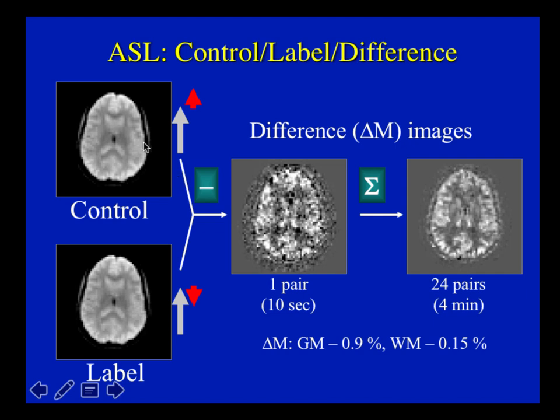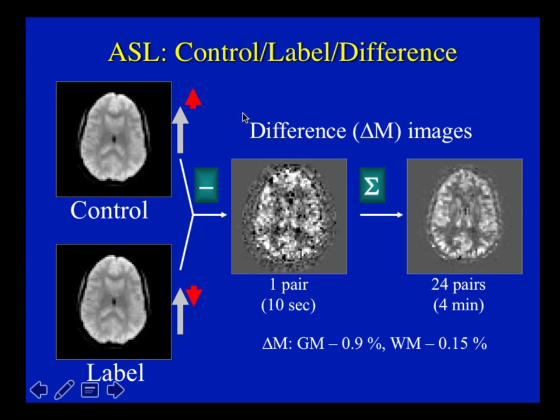So here's an example of ASL images. In the top left, you see a control image. This is an echoplanar image, probably about 3.5 millimeter in plane resolution. The signal intensity in this image is the sum of the signal from the static tissue and the amount of blood that is present in the tissue.